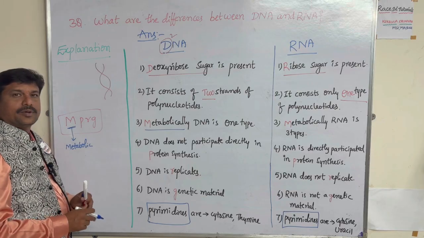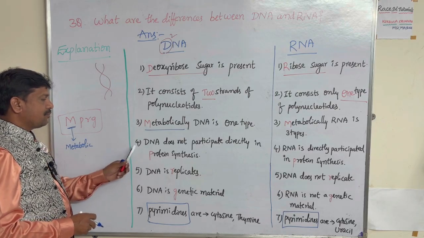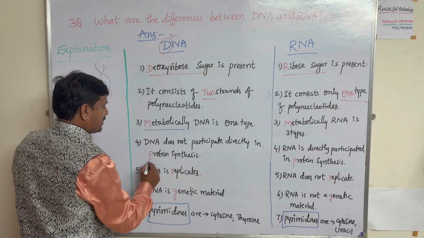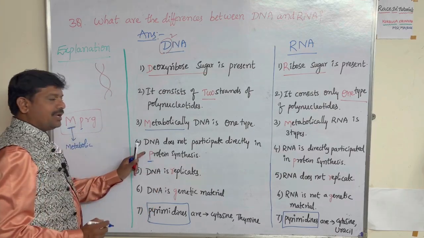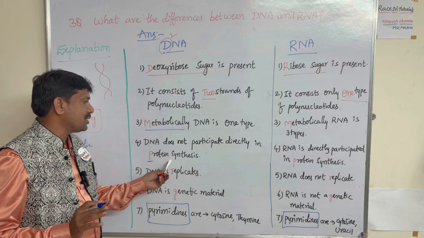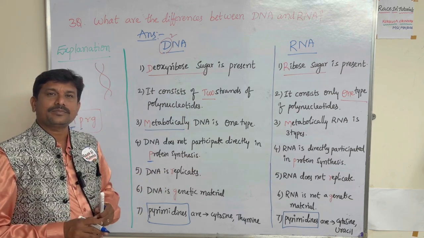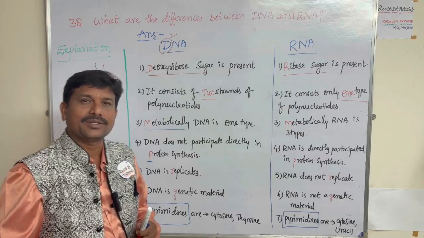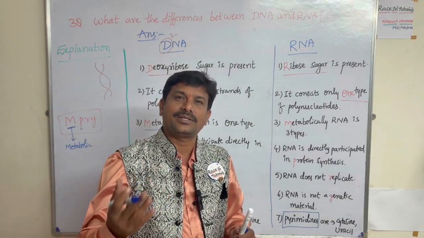Okay. The fourth one: P. P means protein synthesis. So DNA does not participate in protein synthesis directly. But RNA directly participates in protein synthesis; transcription is completed and after that the translation process.